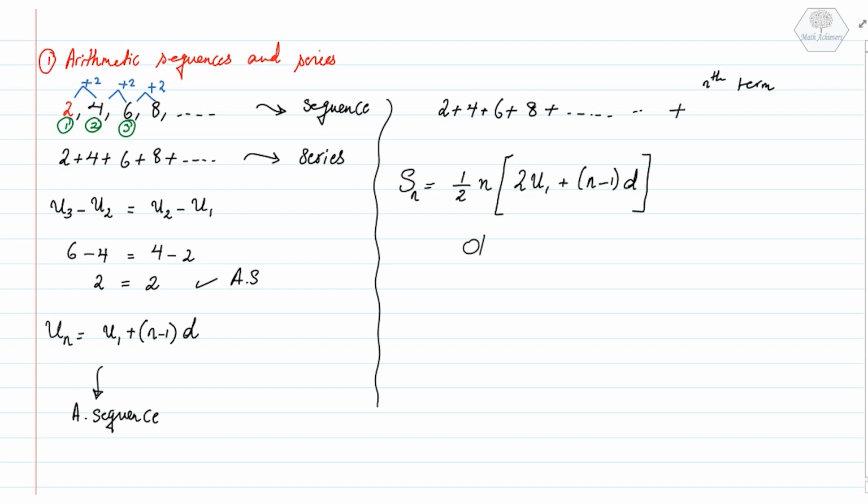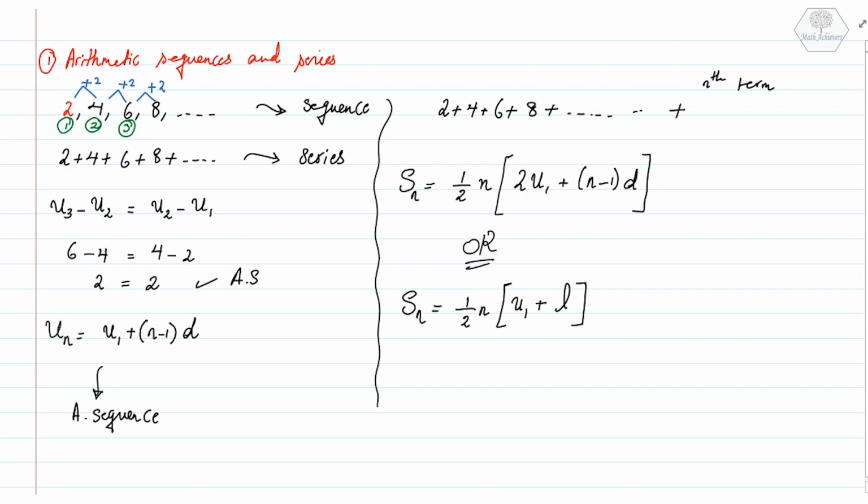Or, if we know the first and the last term, we can find the sum by S of n is equal to half n times U1, which is the first term, plus L, which is the last term.